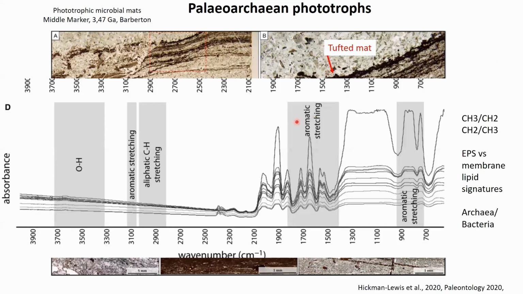Looking at using synchrotron FTIR to look at the different types of molecules that are preserved, aromatic molecules, aliphatic molecules, the ratios between CH3 and CH2 groups, that gives some information as to what types of components have been preserved, whether they're microbial polysaccharides or lipids.